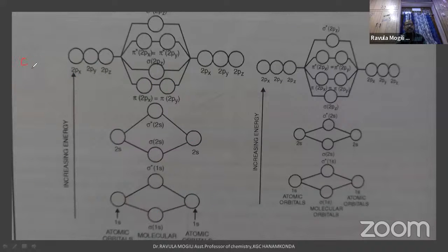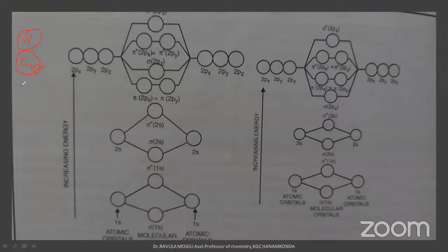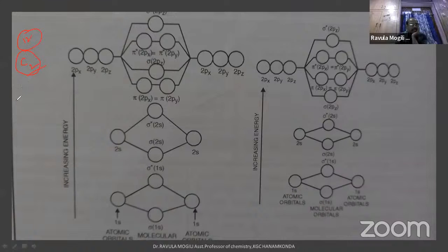What about here? C2. How many electrons are present in C2? 12. It is more than 14 or less than 14? Less than 14, up to 14 electron system. Is it right? So here the electronic configuration is 1s2, 2s2, 2p2. Here carbon, this is also carbon.